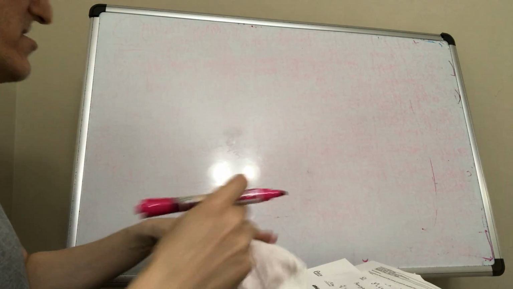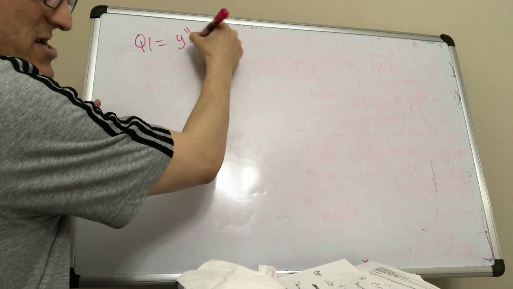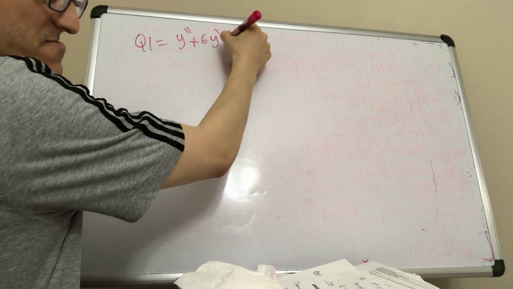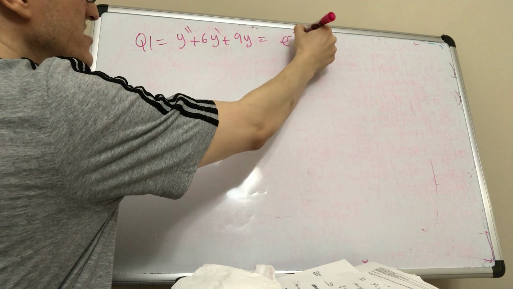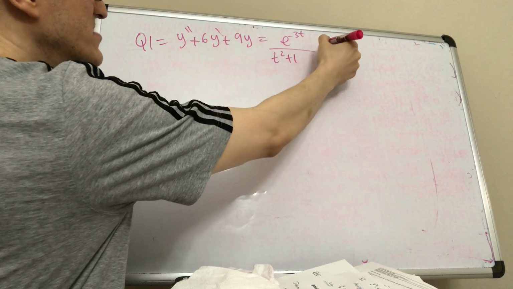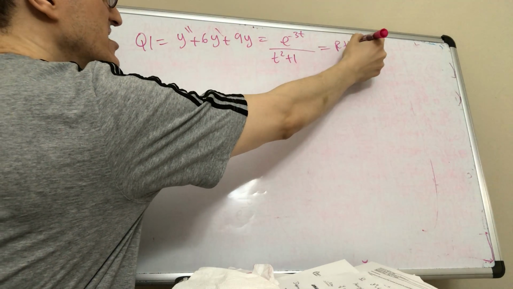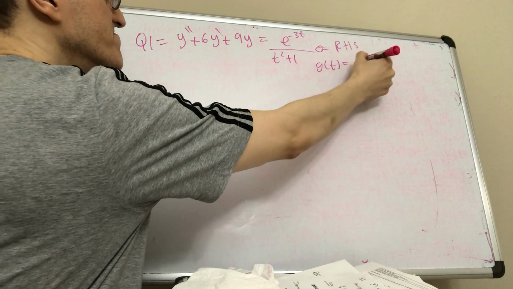Yeah. So question 1 in your worksheet, y double prime plus 6y prime plus 9y equaling negative 3t over t squared plus 1. This is your right hand side, so I'm going to call it g of t.